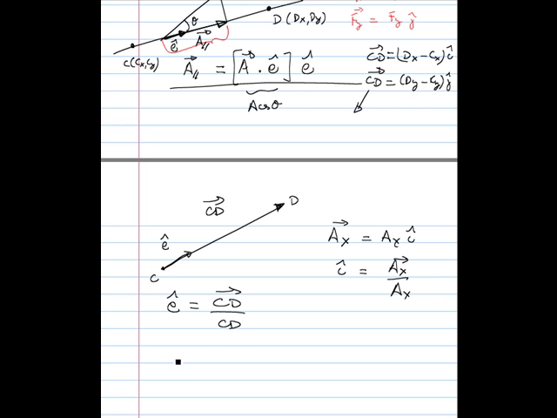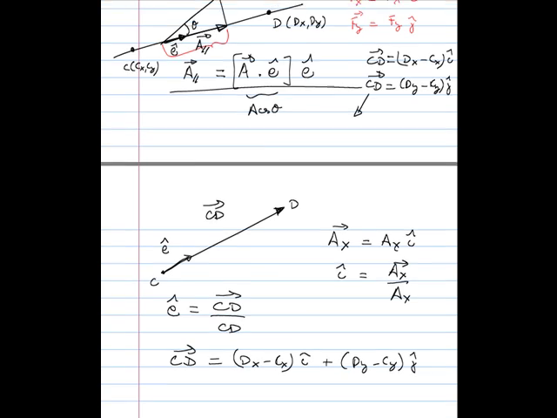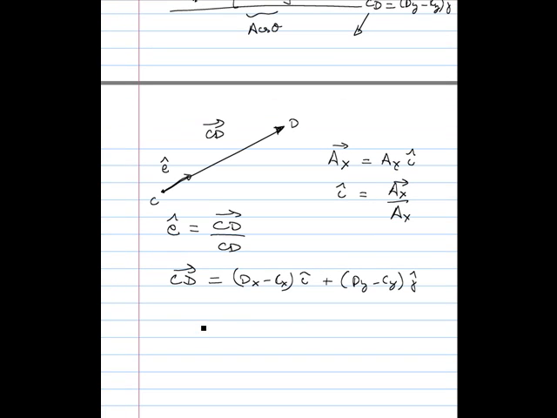Now since I know the position vector CD, which is dx minus cx plus dy minus cy, I can calculate its magnitude. All I need to do is take this term, square it, take this term, square it, add them up, take the square root, and I will end up with the magnitude CD.